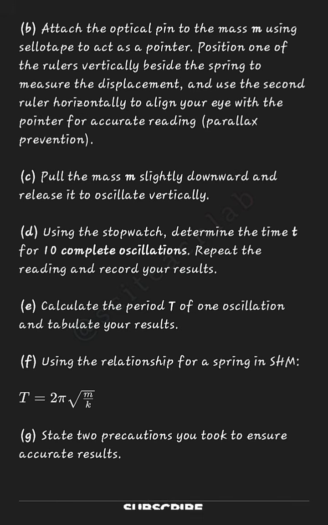And using the stopwatch, determine the time T for 10 complete oscillations. WAEC may say 15, they may say 20, and then repeat the reading and record your results. Then you can go ahead to calculate the period T of one oscillation and tabulate your results. So we want to see how we can put this up and see what to do with it.